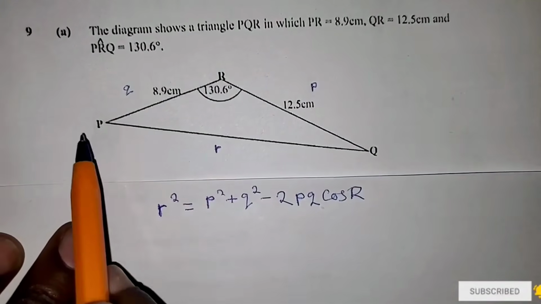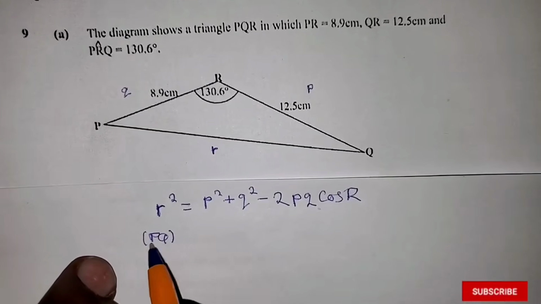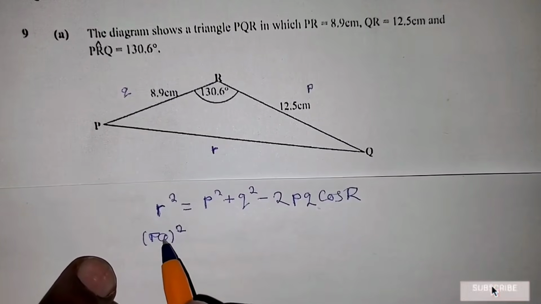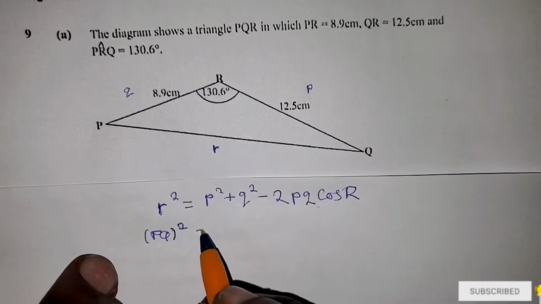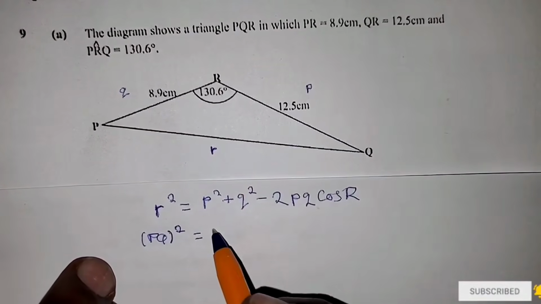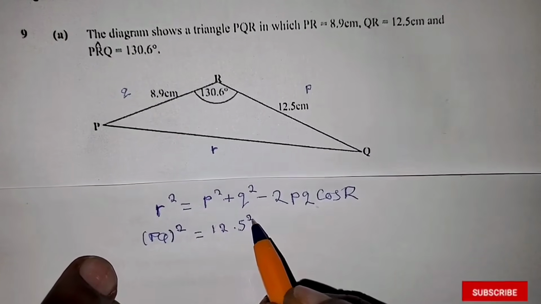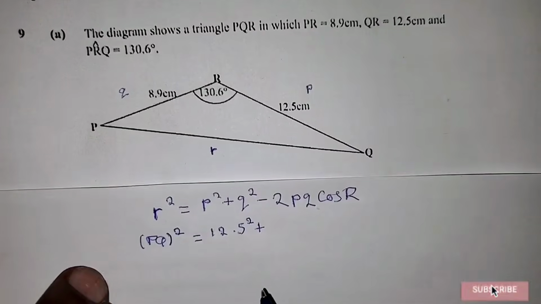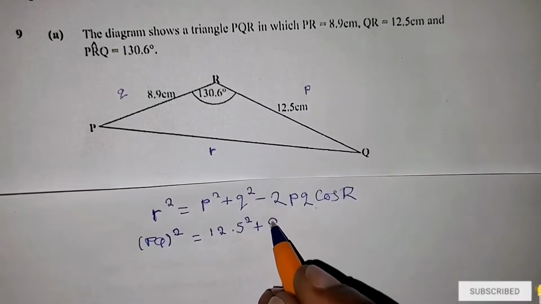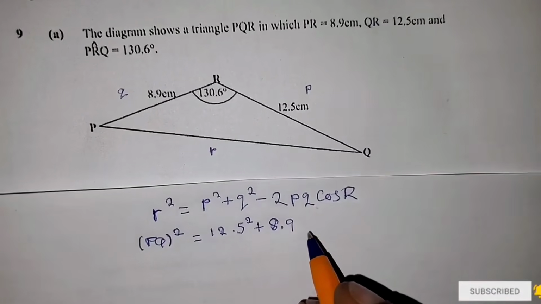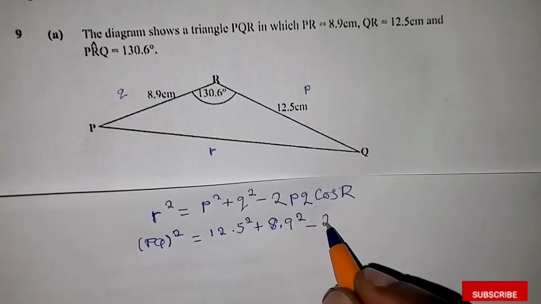We are going to substitute r with PQ, so we write PQ in brackets, squared. If you just leave it, it will mean that only P is squared, so just write in brackets. Then look at p. p is 12.5, so it will be 12.5 squared plus 8.9 squared minus 2.